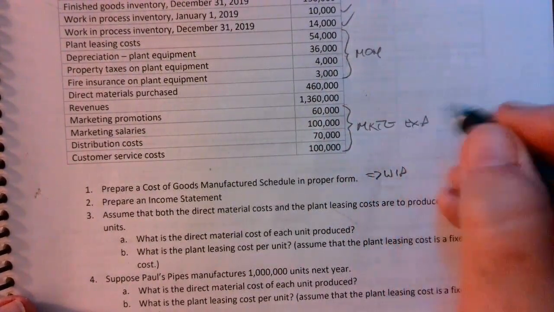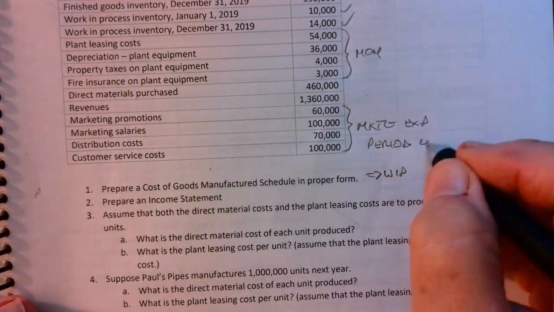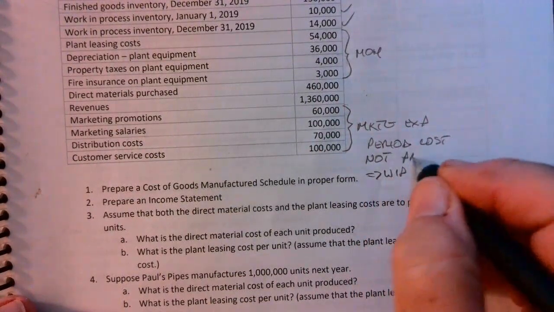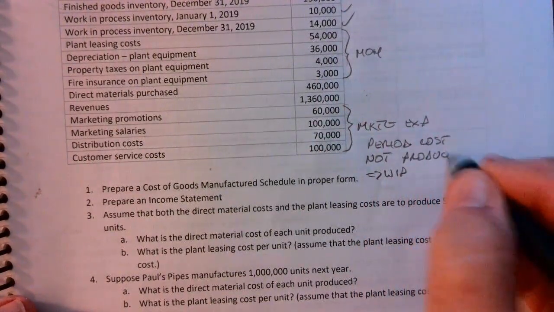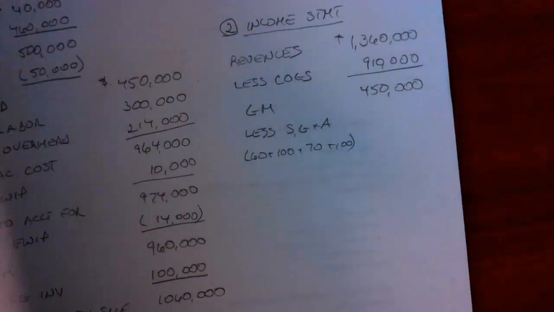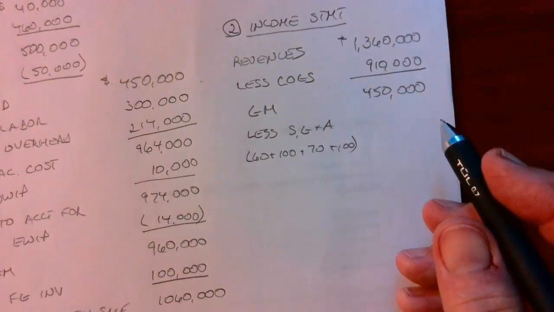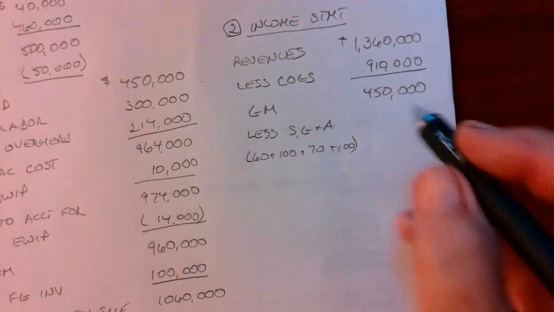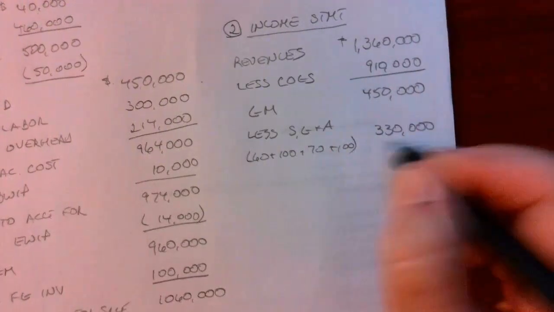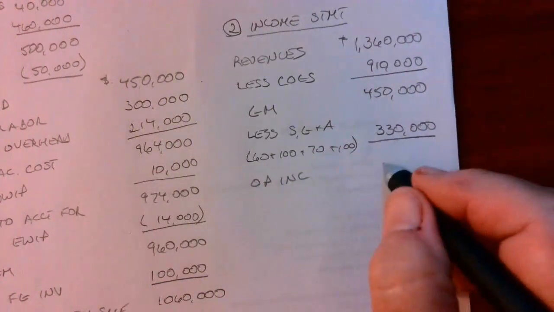So those are period costs, not a product cost. They're not inventoriable at all, anything like that. So how much is that? That's 330,000. So operating income is 120.